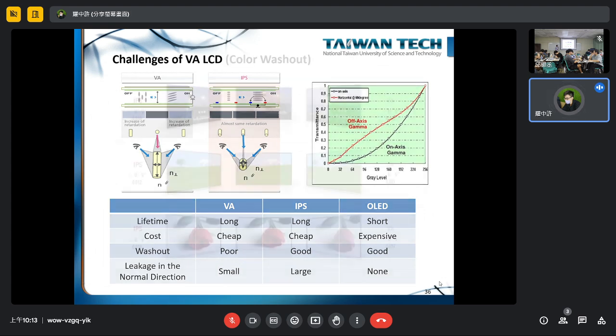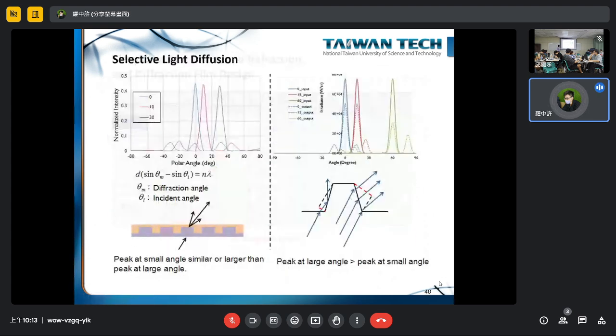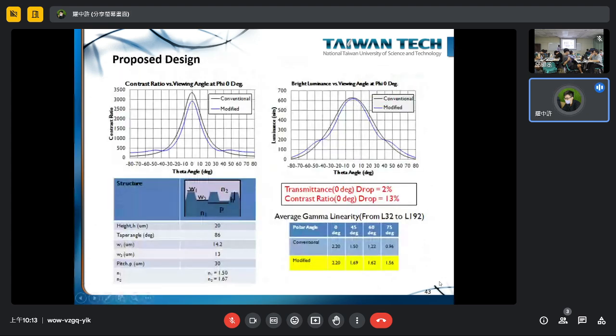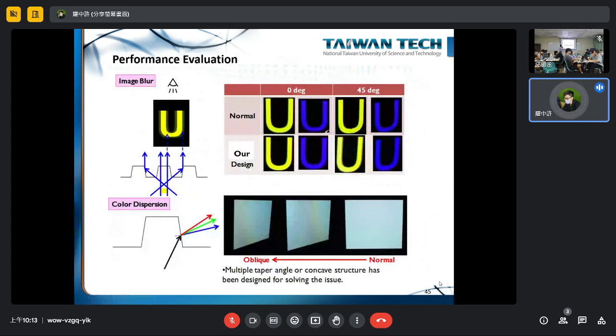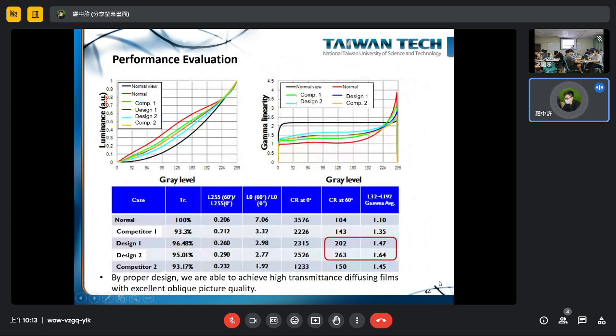On-axis gamma. After we incorporate our design, normal view means you see from 0 degrees, and large angle means, for example, 60 degrees. Without any film, it will be something like this, very different from gamma 2.2.